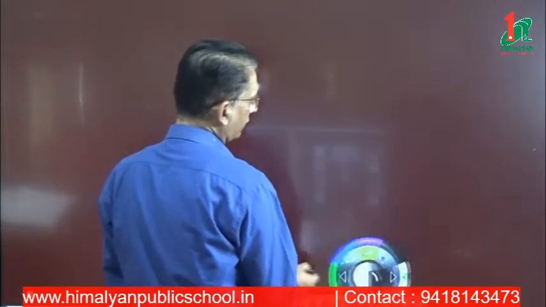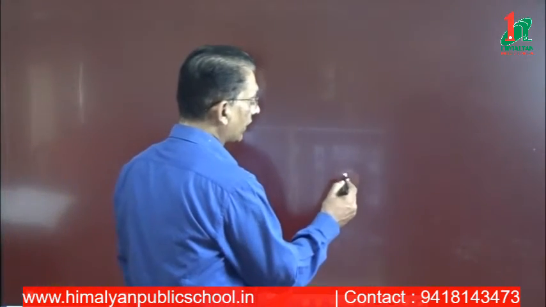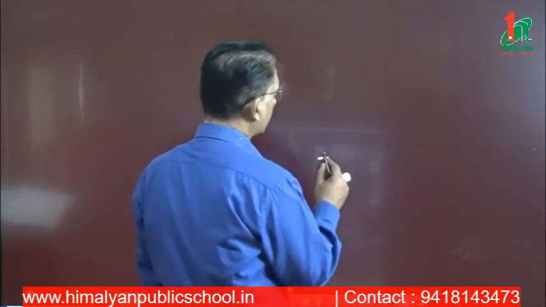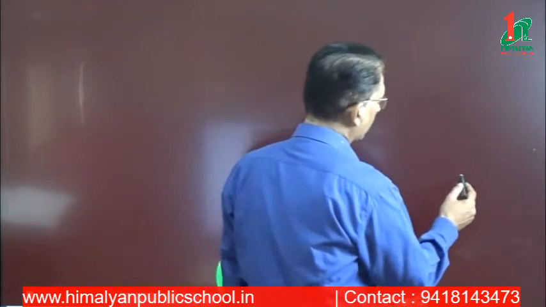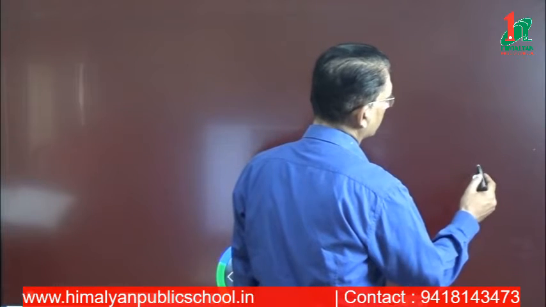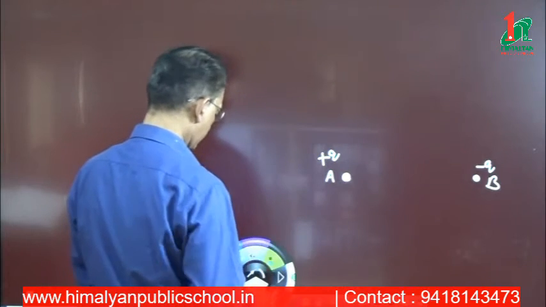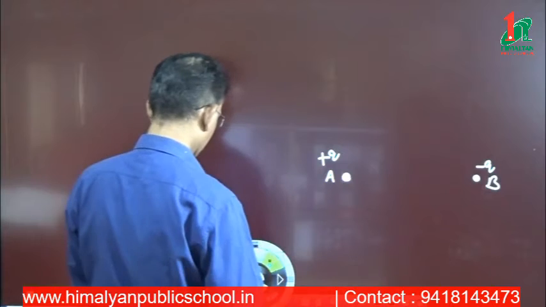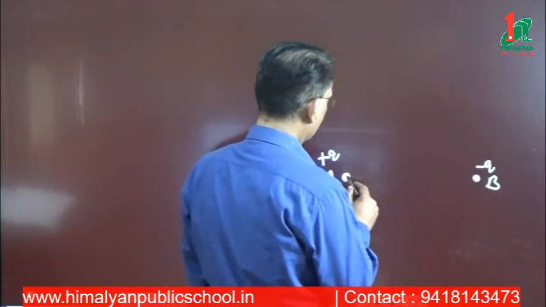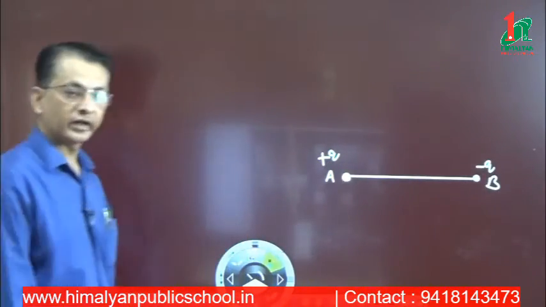So now today we will find out the electric field intensity on the equatorial line of electric dipole. Firstly, we will prepare the electric dipole. It contains plus q charge at point A and minus q charge at point B. This is the axial line of the dipole.